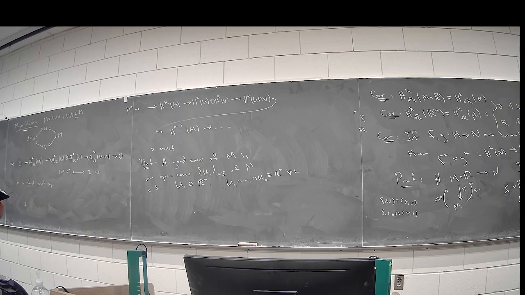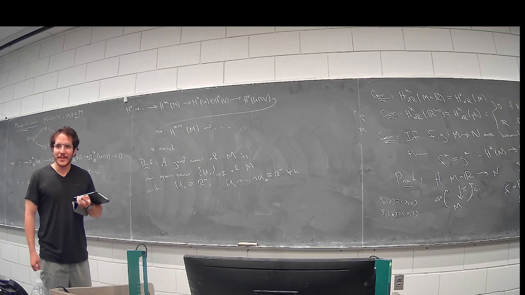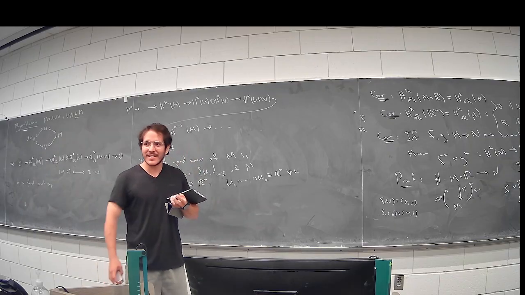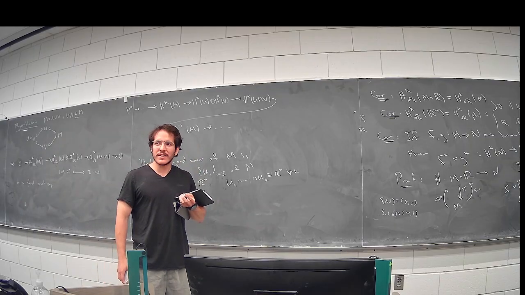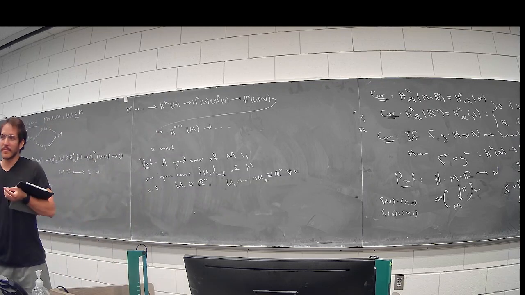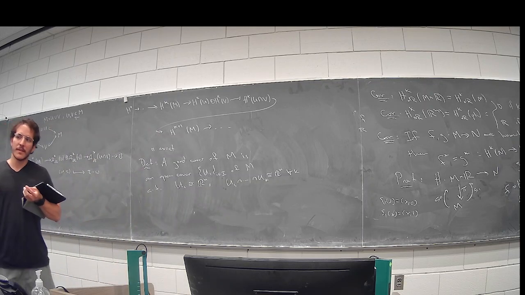I assumed cofinal would mean initial, but I guess not. Actually, I'm not sure if it has a categorical context. It's just like if you have a sequence and the subsequence is cofinal, it extends arbitrarily far down the sequence. I don't know if it's a category.